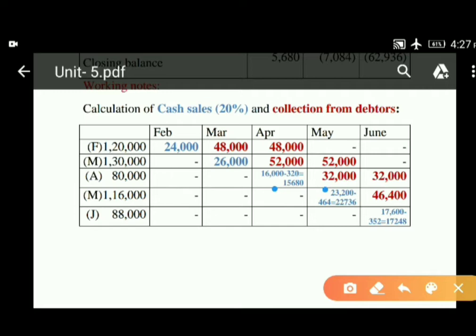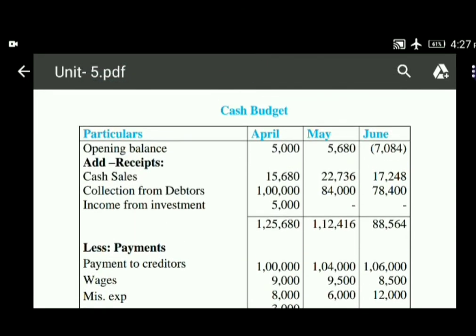And in the month of June, 17,600 are the cash sales, deducting discount 352, that equals 17,248. So cash sales for the month of April 15,680, May 22,736, and June 17,248 after deduction of discount. These amounts we are going to put in this budget.